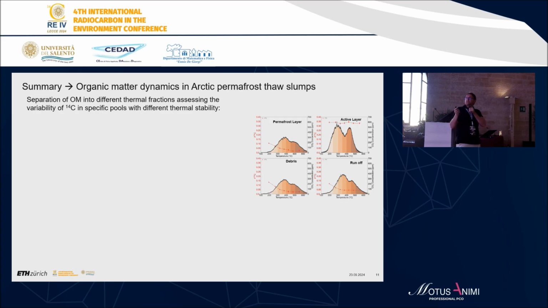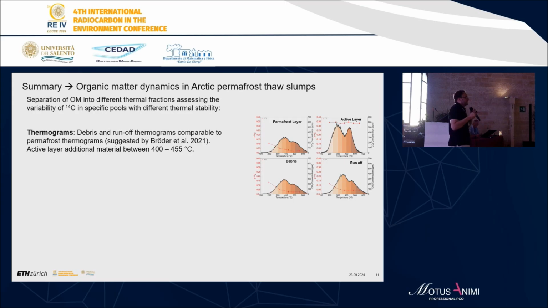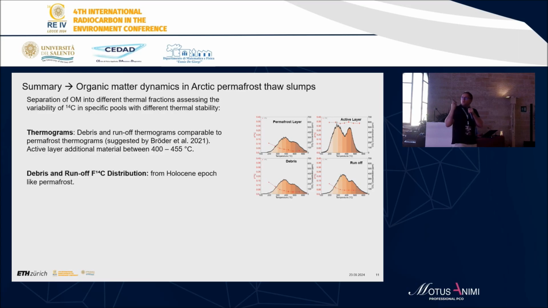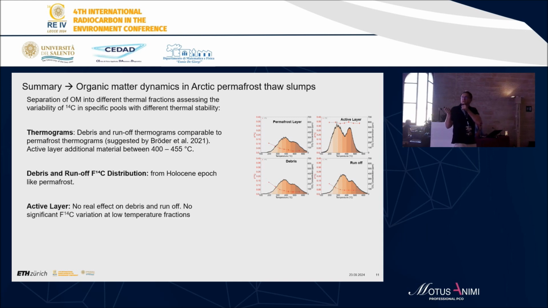We showed differences, and we could see that the active layer, which is more biologically rich and has more organic carbon, actually shows more material at 400, 450 degrees. Finally, the runoff has an age which goes to the Holocene, towards the direction of the permafrost layer, which makes sense.